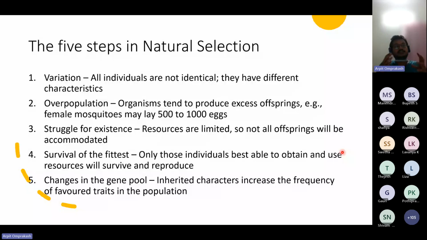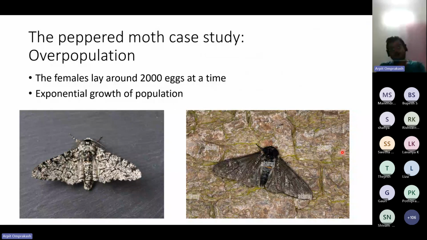And over time, the survival of the fittest leads to changes in the gene pool of the population or the species, which can be tracked. And we can see that here basically there's a variation in the population. There's overpopulation because there's a lot of offspring, and there's a struggle for existence due to predation and due to resource limitation.